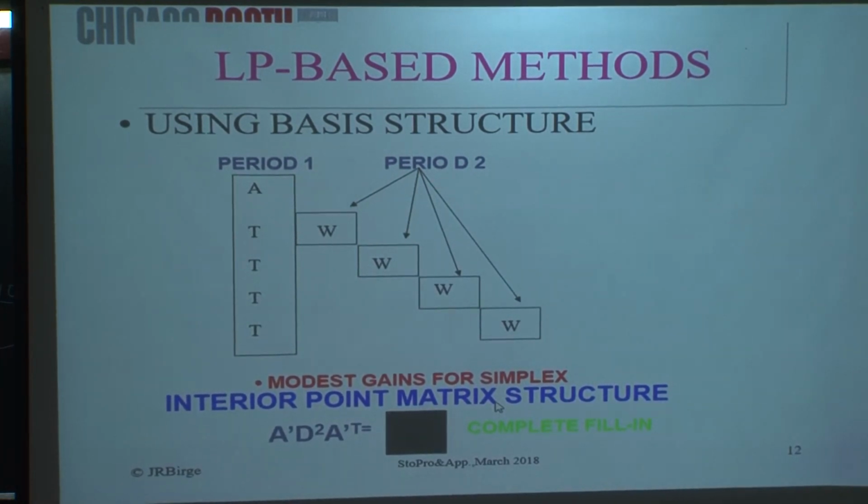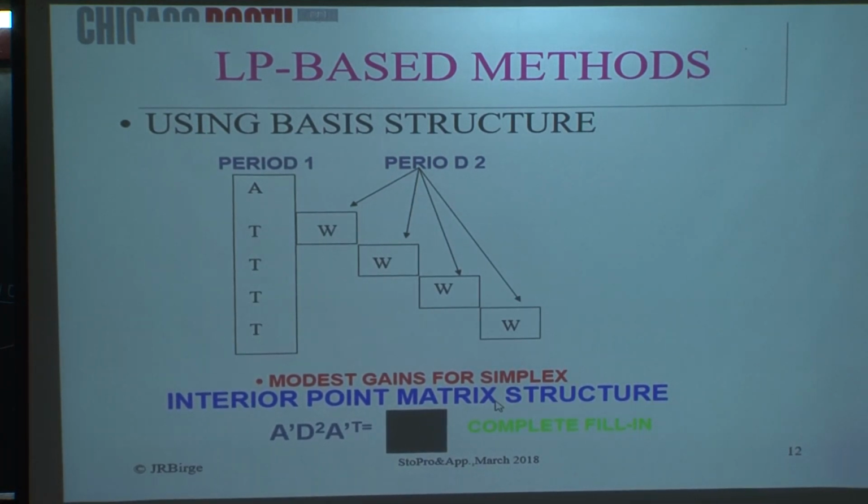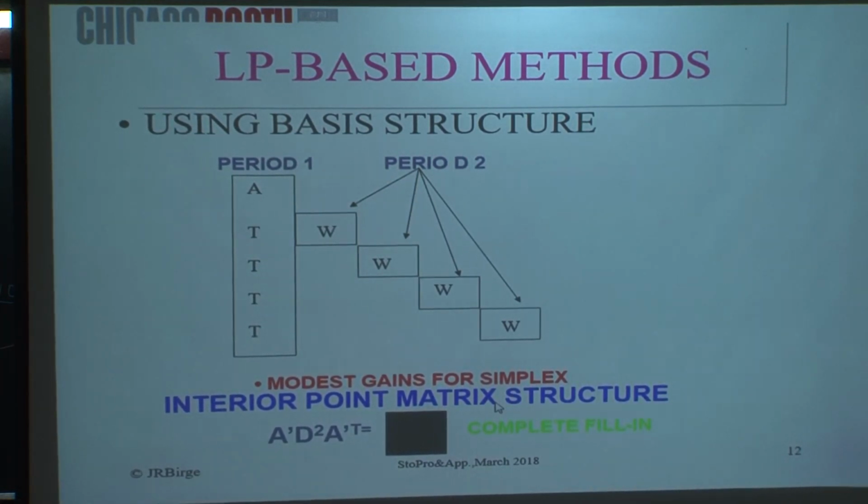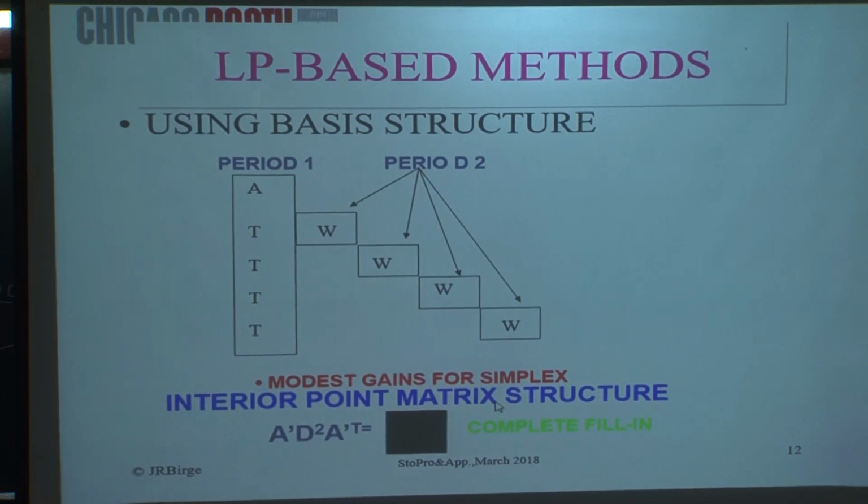If you were just to take this and not do anything to it and apply an interior point method, which is the default in a lot of solvers, then what happens is you take a matrix that has a structure like this, and then you multiply it by its transpose.